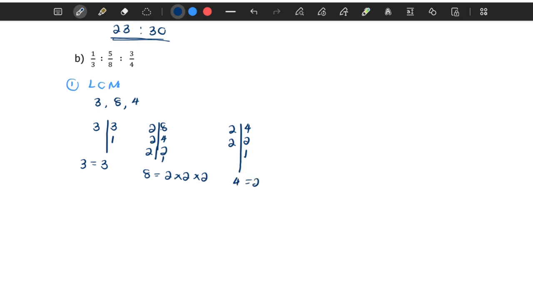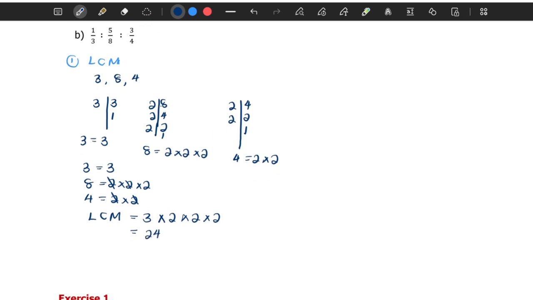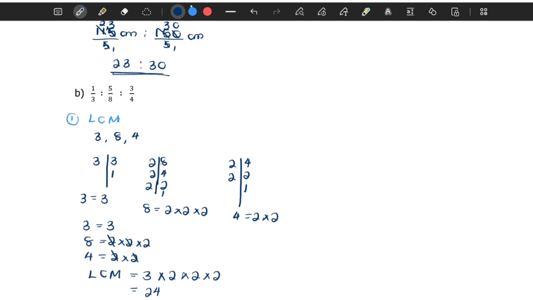So 4 is equal to 2 times 2. So we have now 3 is equal to 3. 8 is equal to 2 times 2 times 2. 4 is equal to 2 times 2. Therefore, lowest common multiple is equal to 3 times 2 times 2 times 2. 3 times 2, 6 times 2, 12 times 2, that's 24, right? So we know that 24 is the lowest common multiple.